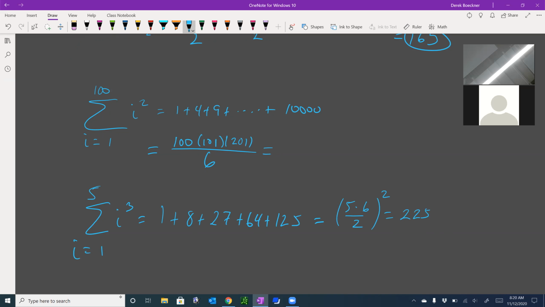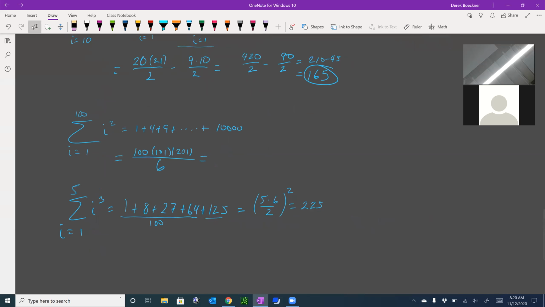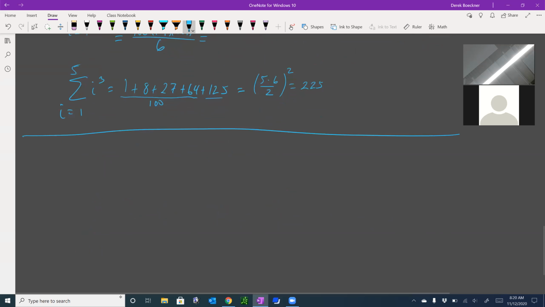So I could figure out that it's 225 just as easily. Adding directly: 9 and 27 is 36, 36 and 64 is 100, and 125 makes 225. Okay, so that's our basic summation stuff.